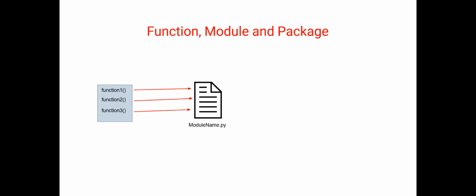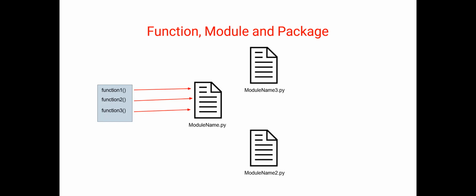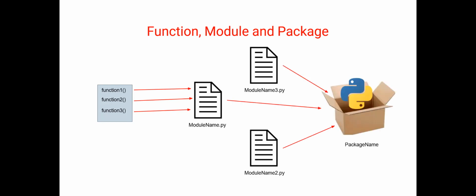And if you have multiple related modules like module name 2, module name 3, so these are multiple related modules, and then you can combine them into one package, and this is what a package is in Python. A package is essentially a collection of modules that are related, and a module can be thought of as a collection of functions and some variables in code that are related to solve this task.